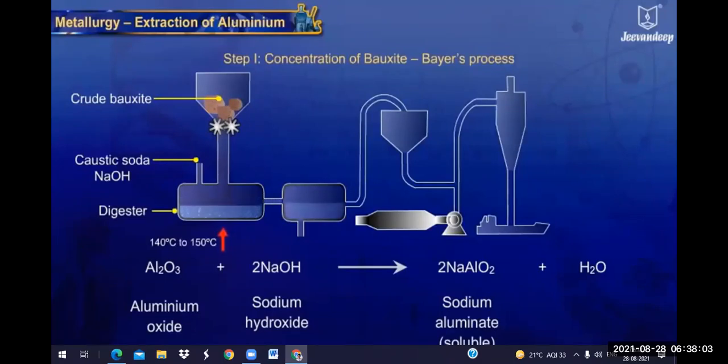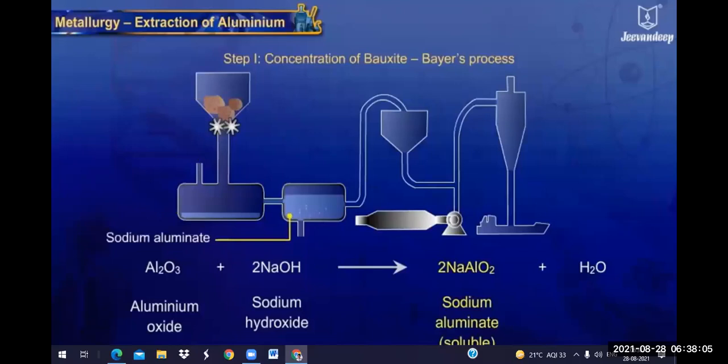Aluminium oxide, being amphoteric in nature, dissolves in aqueous sodium hydroxide, resulting in the formation of water-soluble sodium aluminate.